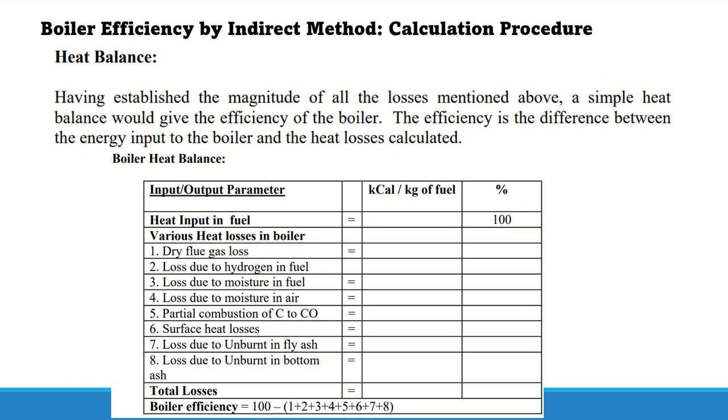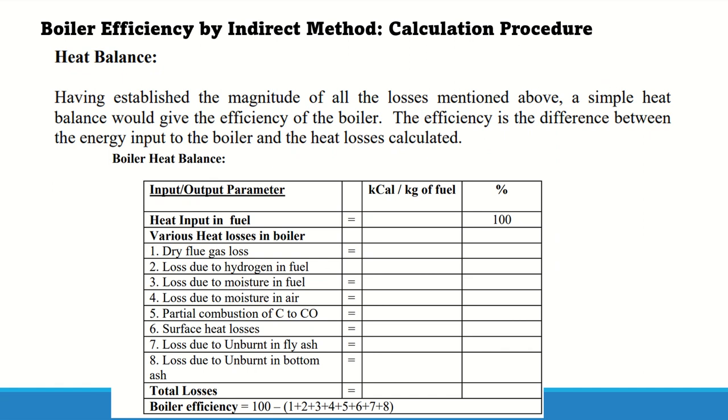Then the various outputs, which are the various losses, are dry flue gas loss, loss due to hydrogen in fuel, loss due to moisture in fuel, loss due to moisture in air, partial combustion of C to CO, surface heat loss, loss due to unburned carbon in fly ash, and loss due to unburned carbon in bottom ash. Then we can calculate the total losses as a percentage of 100.